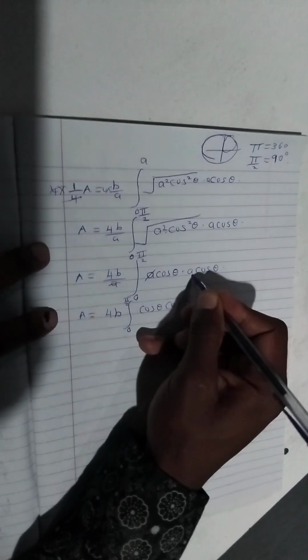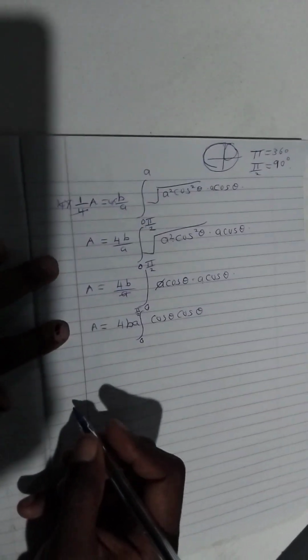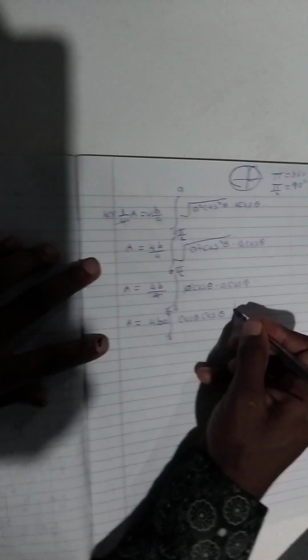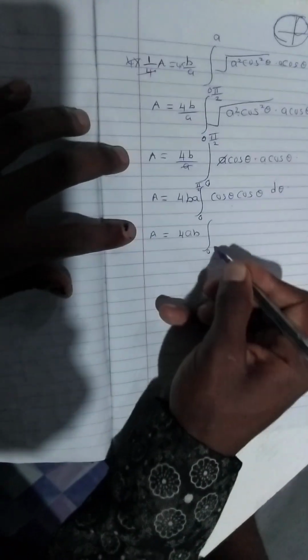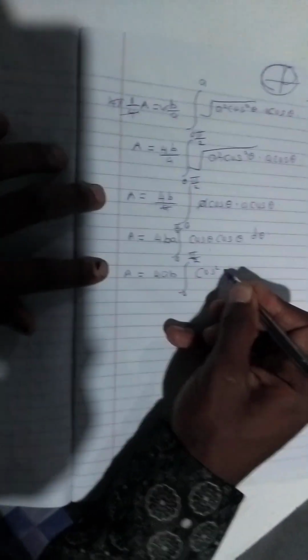cos theta. This a, we can factor it out and it comes here. Now it is d theta. What is this? This is area, which is equivalent to 4ab from 0 to pi all over 2 cos squared theta d theta.